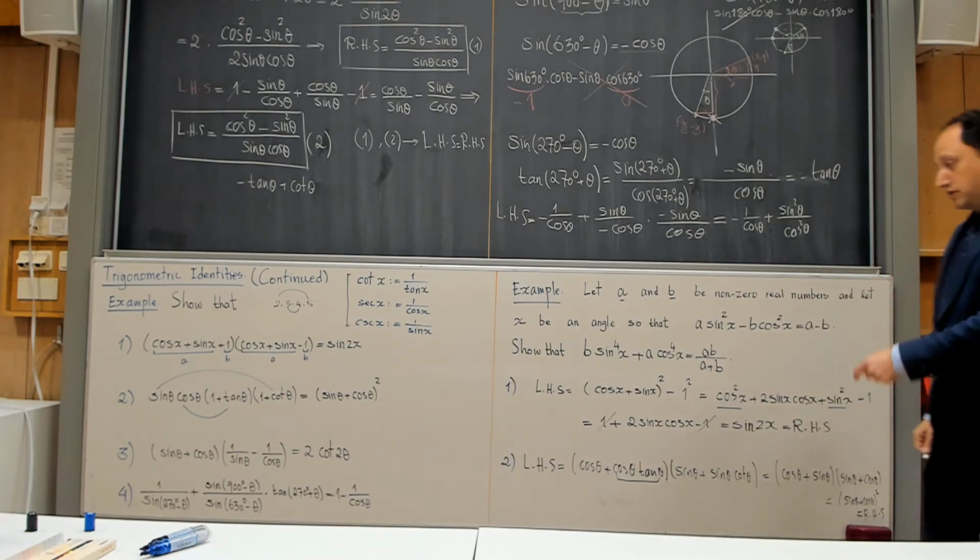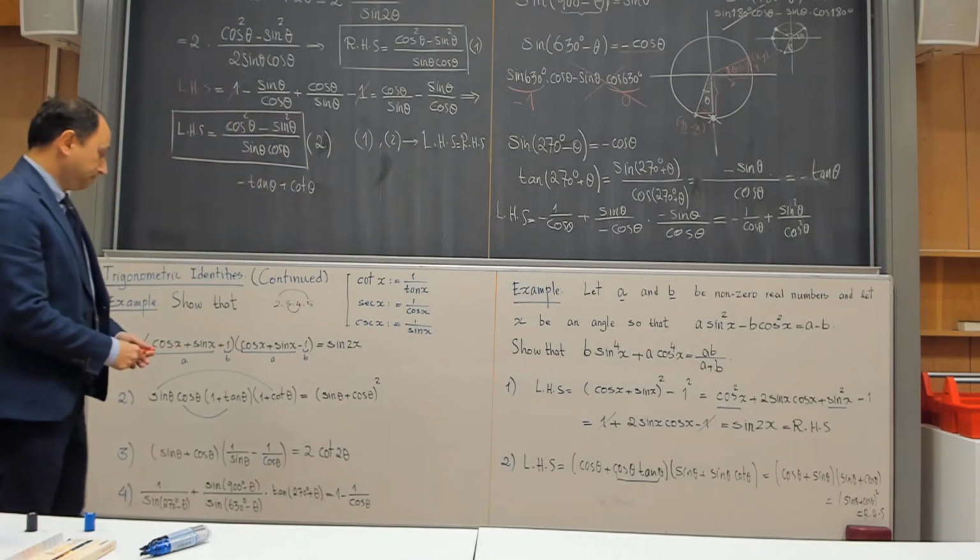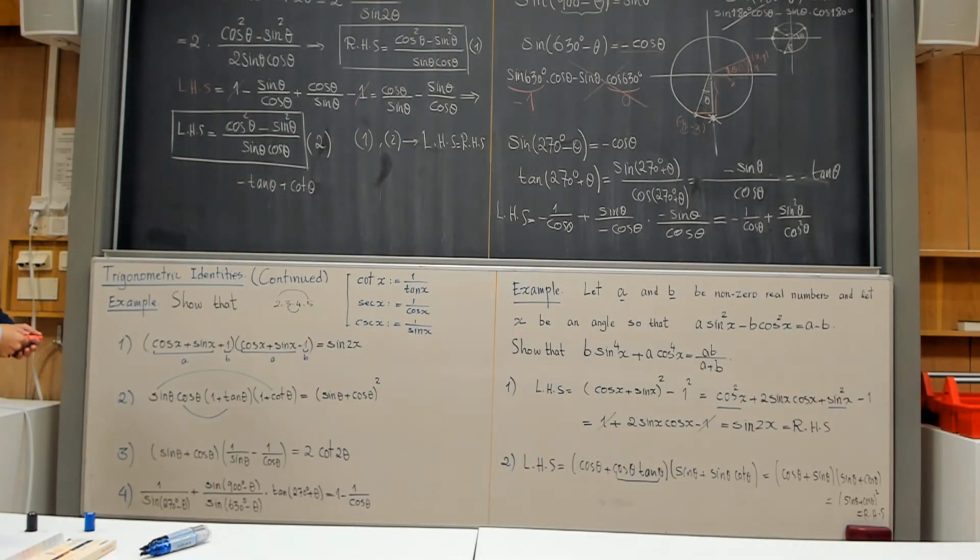Can we really reach that point, 1 minus 1 over cosine theta? Have I made any mistakes or not? Sine squared over cosine squared is not, unfortunately, 1.